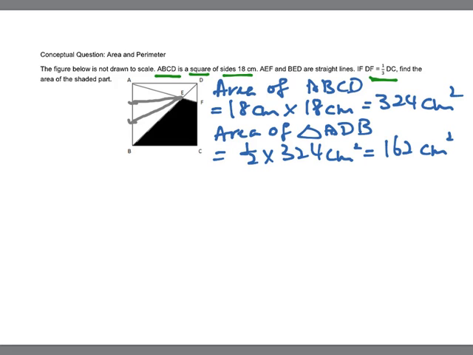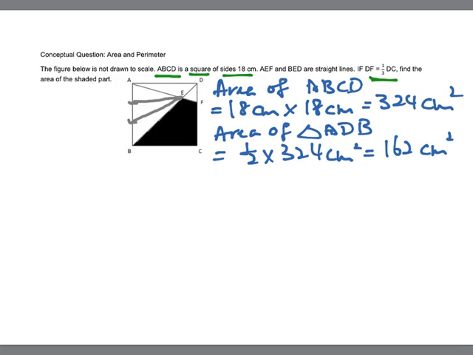Why? Because they have the same base and the same height, all reaching out to this height. Agree? We all know that if triangles have the same base and same height, their areas are the same. Let's get rid of these 6 lines first, so that it's easier.